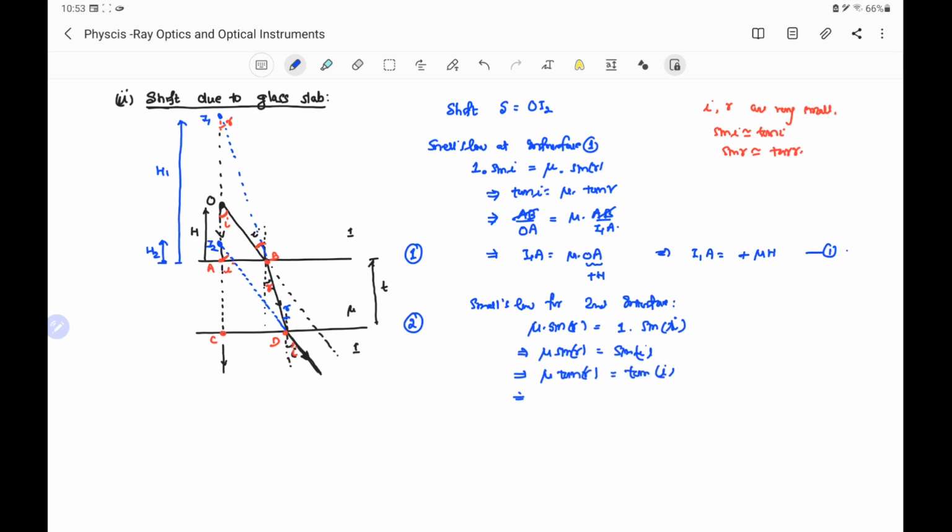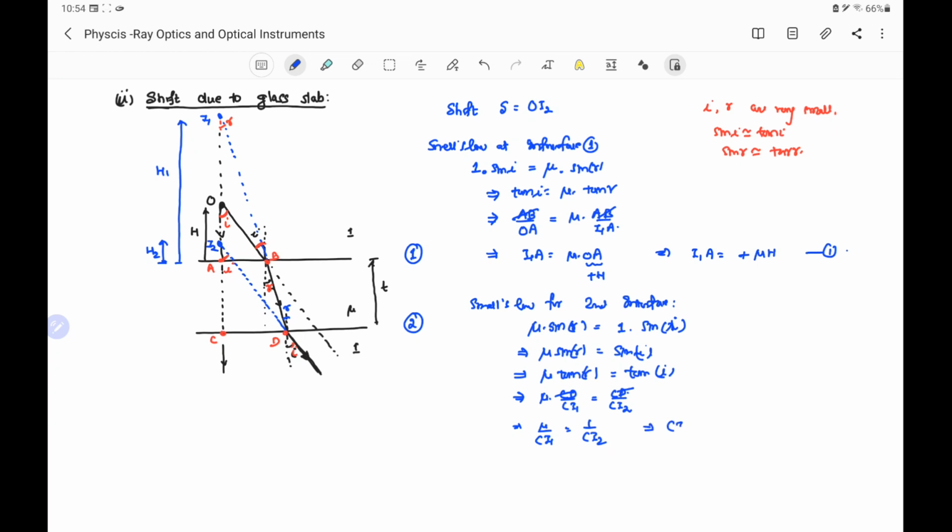So this implies that mu into tan R, which is perpendicular by base, that is CD by CI1, will be equal to tan I, this is CD by CI2. CD and CD get cancelled, so we will have mu by CI1 equal to 1 by CI2.